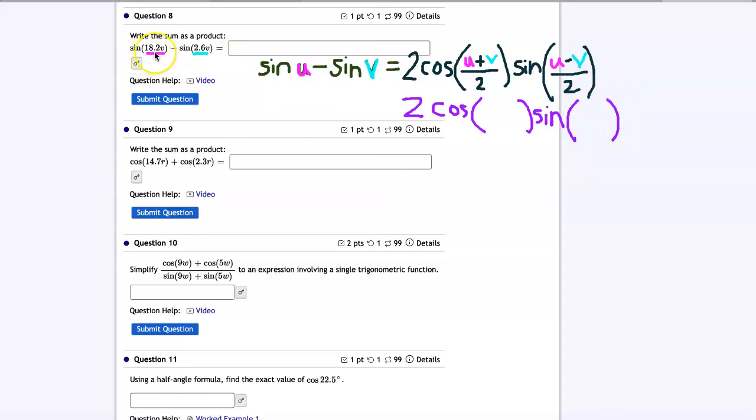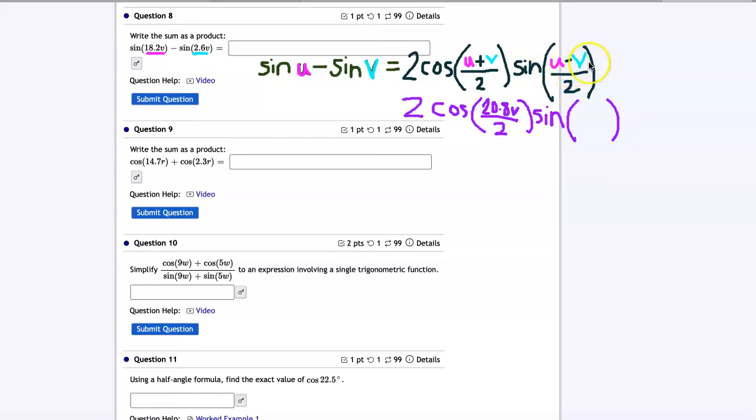So 18.2 and then plus 2.6 is a total of what? 20.8v. So this is 20.8v because I'm adding the numbers together, and that's still all over 2.